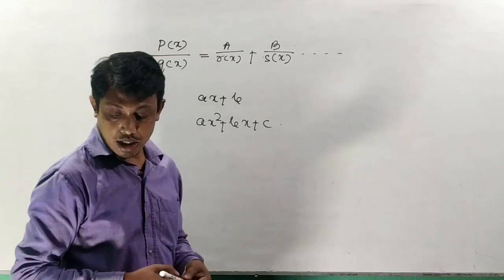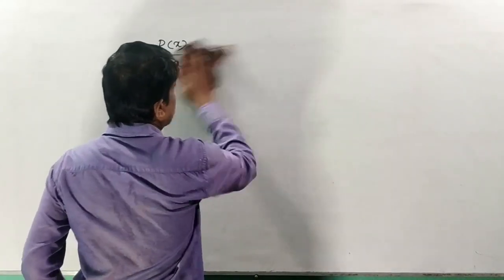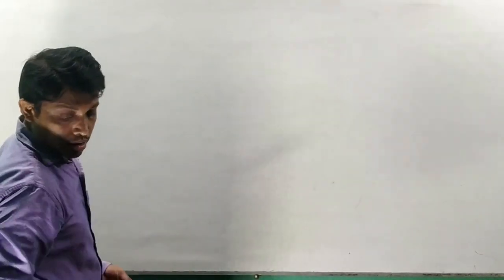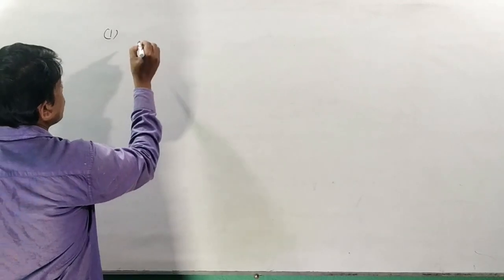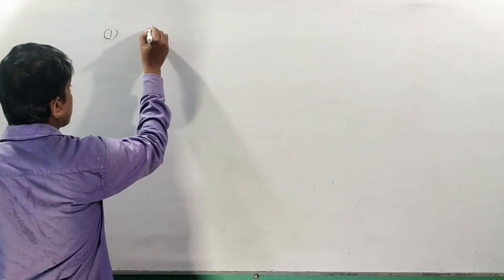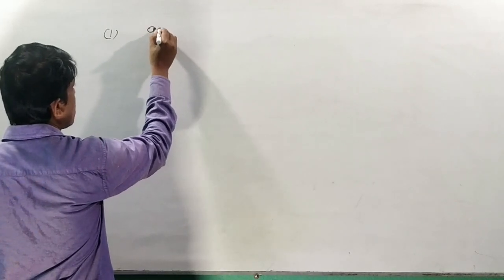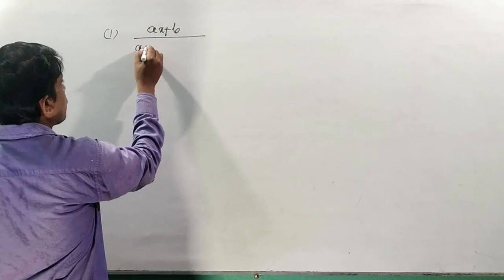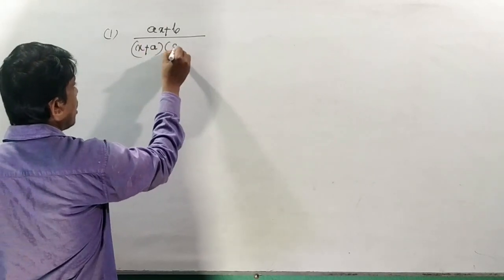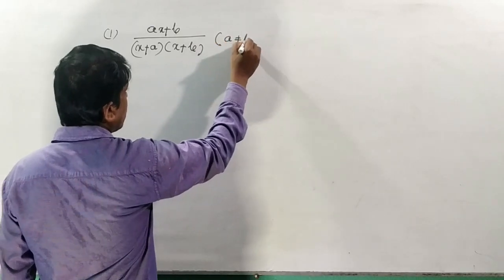Let us take some cases. First case: p of x, that means ax plus b, by x plus a into x plus b, where a is not equal to b.